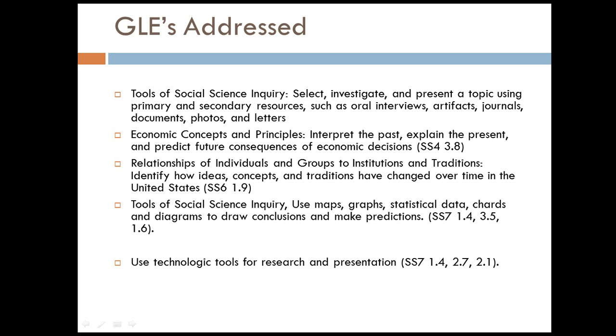Relationships of individuals and groups to institutions and traditions. Identify how ideas, concepts, traditions have changed over time in the United States. Tools of social science inquiry. Use maps, graphs, statistical data, charts, and diagrams to draw conclusions and make predictions. And use technologic tools for research and presentation.